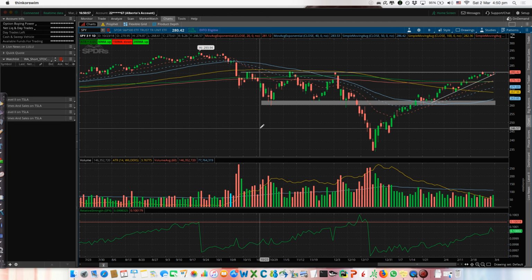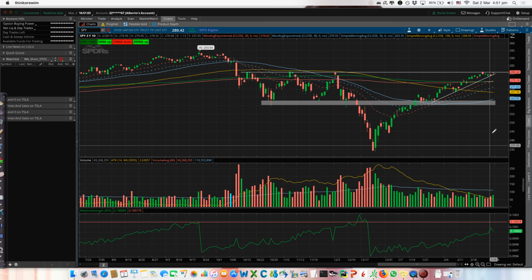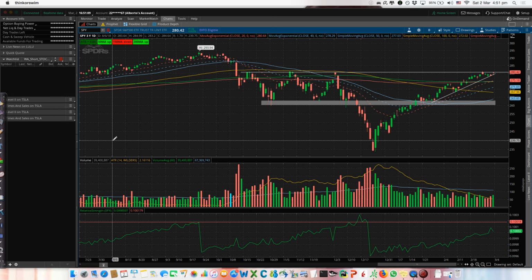What is the alternative? Well, what you can do before this situation becomes clear is to look for setups not in the US market but rather in the ETF market, meaning you can look for setups, either long or short, in ETFs that are not strongly correlated with the S&P.